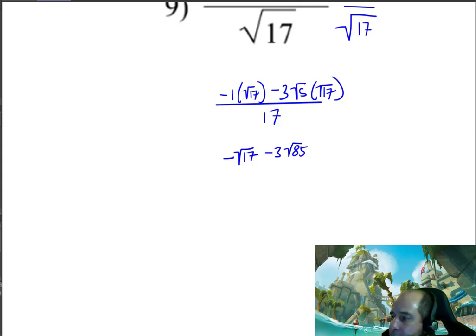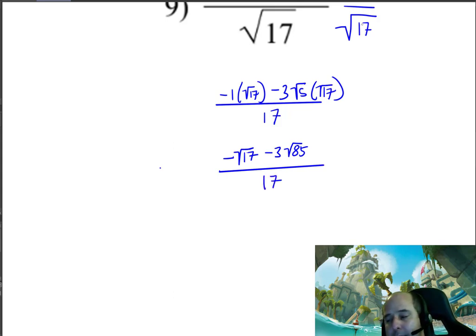I just want to verify to make sure I'm not doing an arithmetic error here. 5 times 17. 85 is indeed the correct answer. So -3 times the square root of 85, right? And finally, I'm just going to take that 17 and put that beautiful, lovely 17 here, okay?